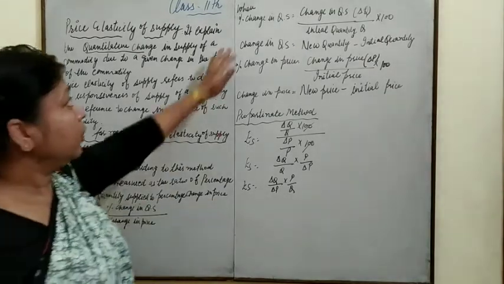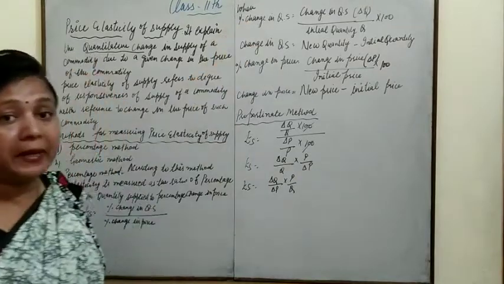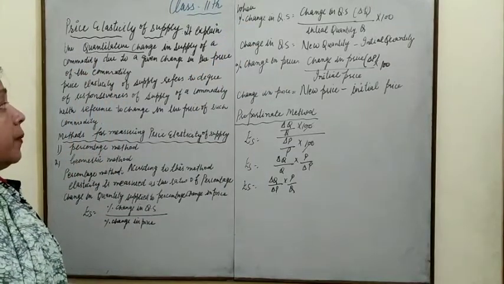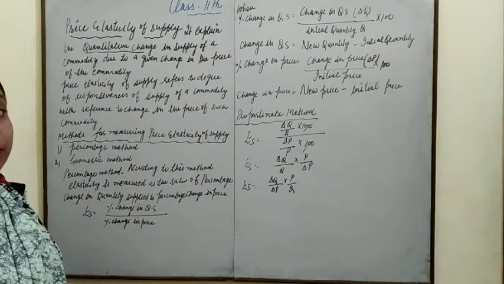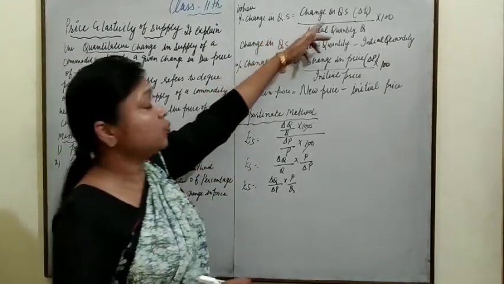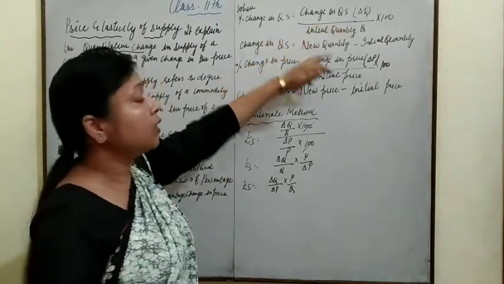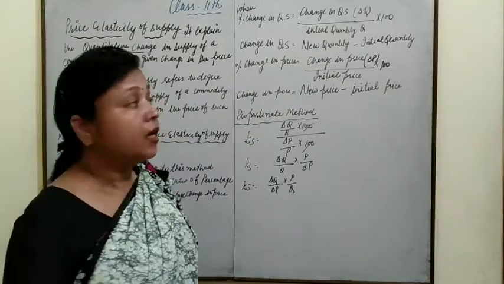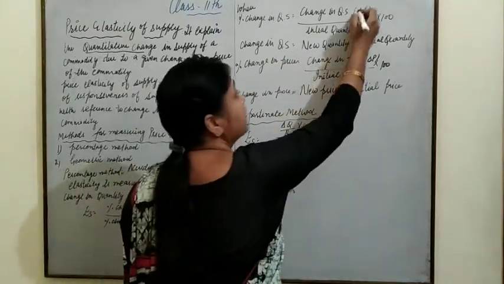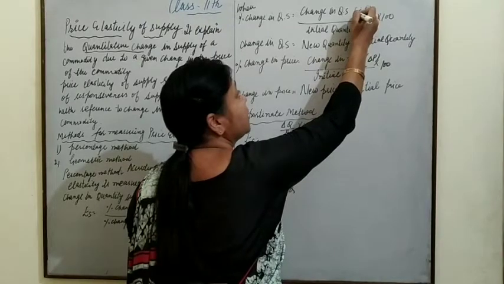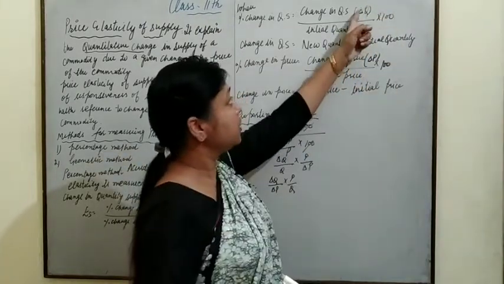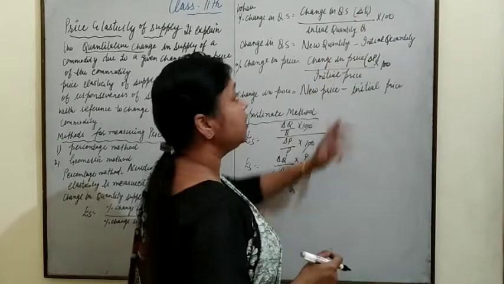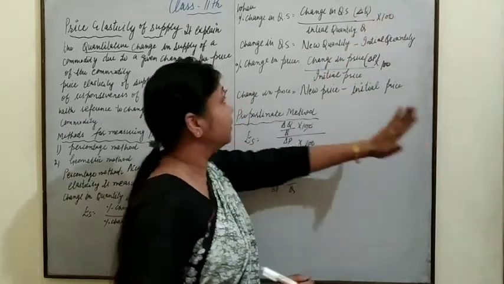Now, how can we calculate percentage change in quantity supplied? That is change in quantity supplied upon initial quantity. The change sign, this triangle, shows the change. It means change in quantity upon quantity multiplied by 100.